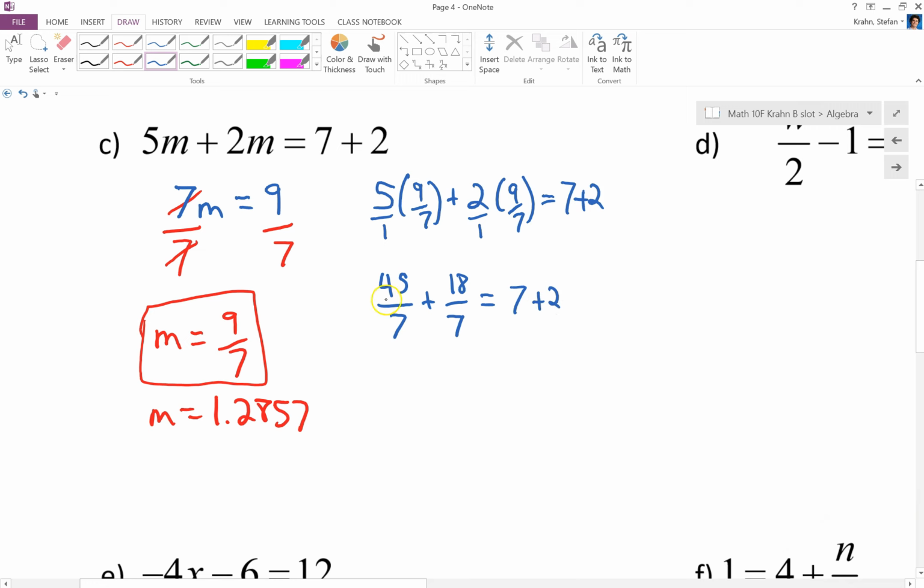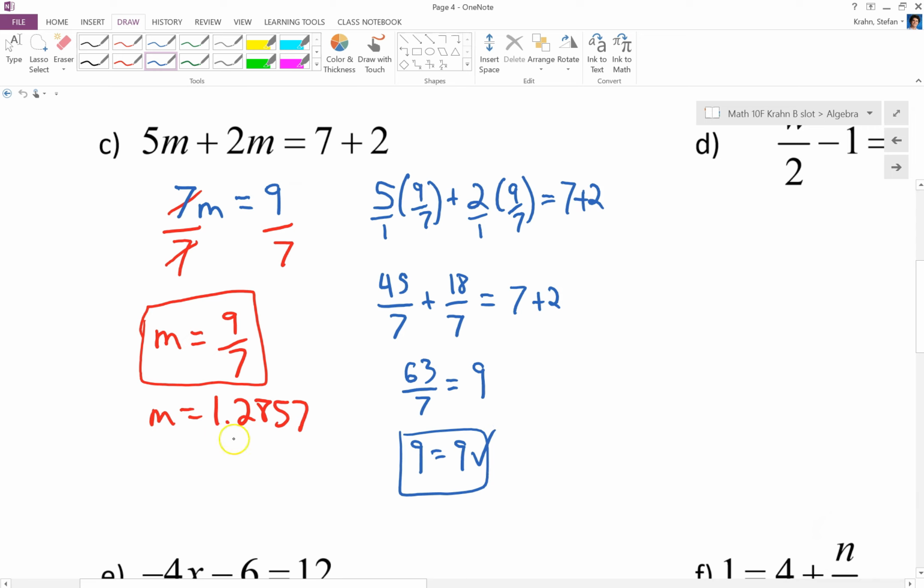And then when I add 45 and 18, I'm going to get 63/7 is equal to, and 7 plus 2 is 9, and 63/7 reduces down to 9 equals 9. So I know I did that one correct as well.